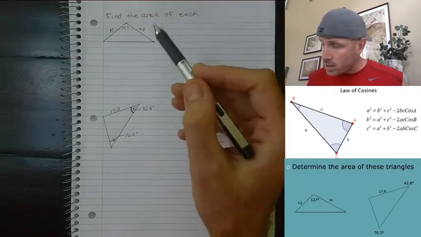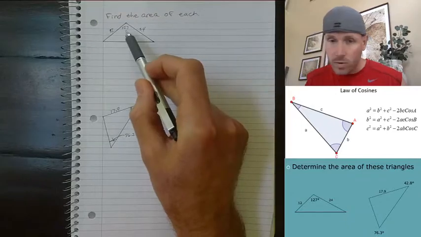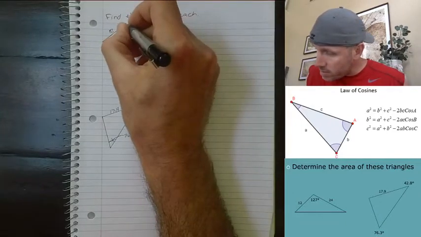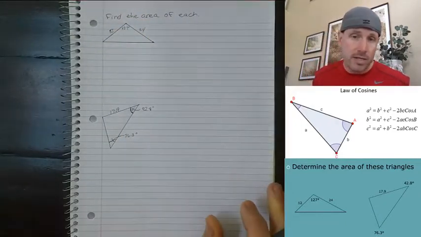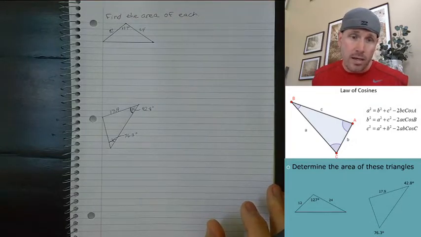A triangle here has a side of 12, a side of 24, and a measurement of 127 degrees, which means we can jump straight into using the area formulas.